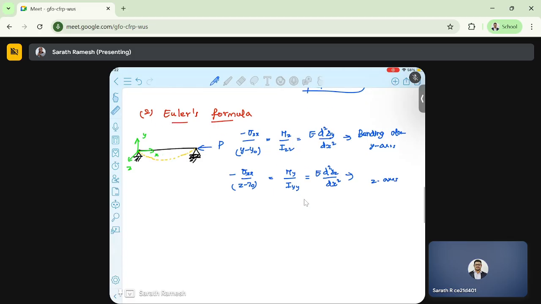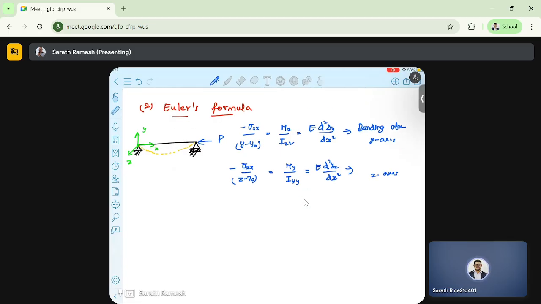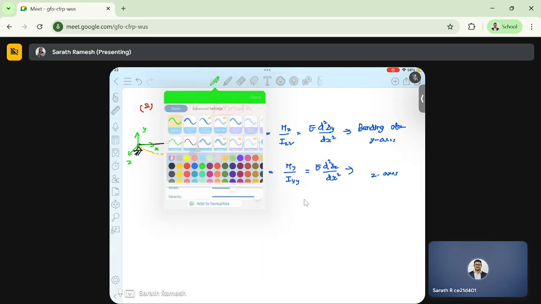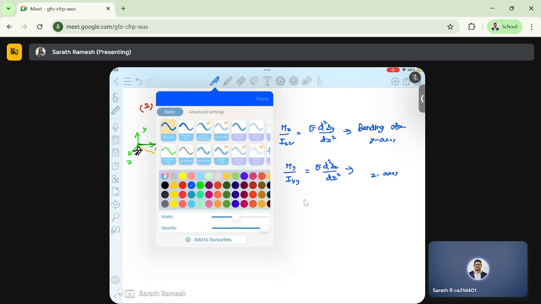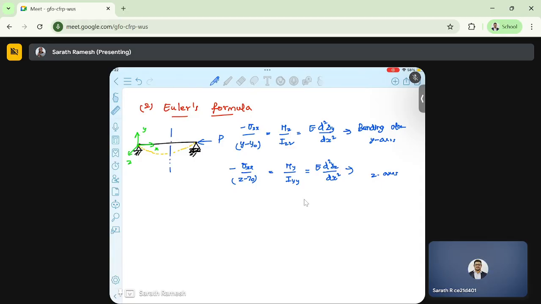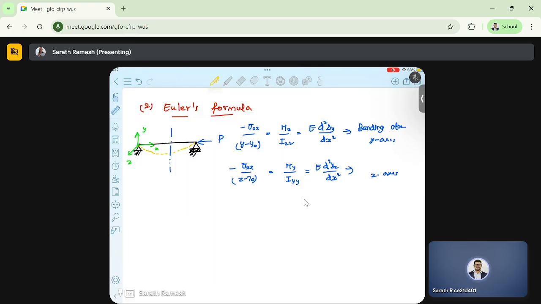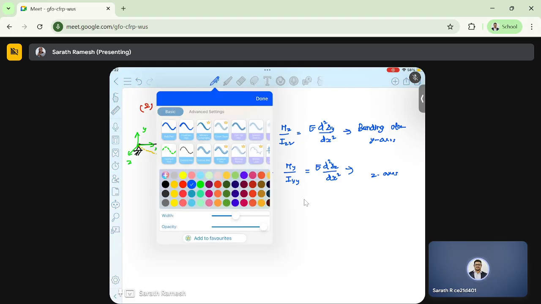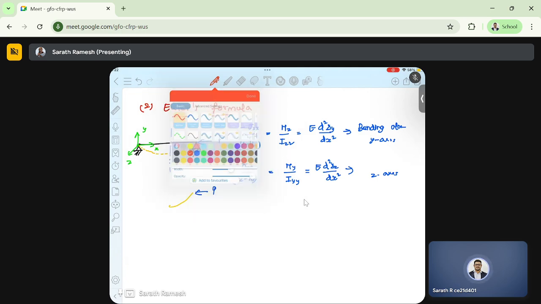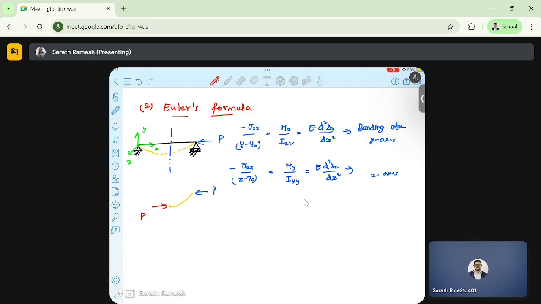With this, if we cut a free body at a particular section like this, we are going to have some internal forces. This is the external applied load. Internally, to satisfy equilibrium, there will be a P here, and this is say delta y.